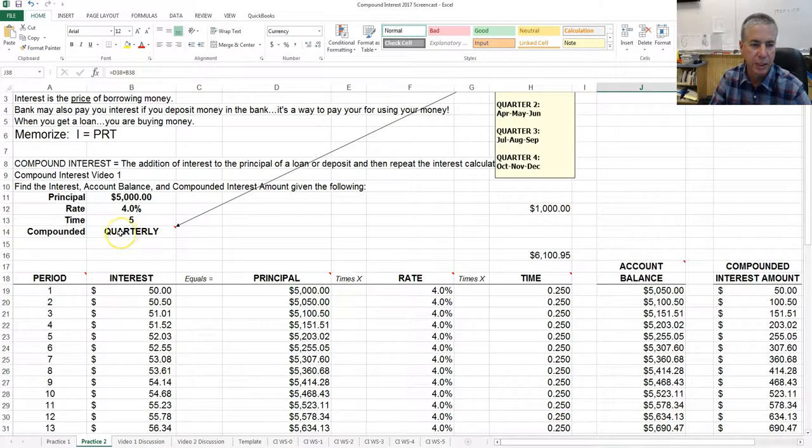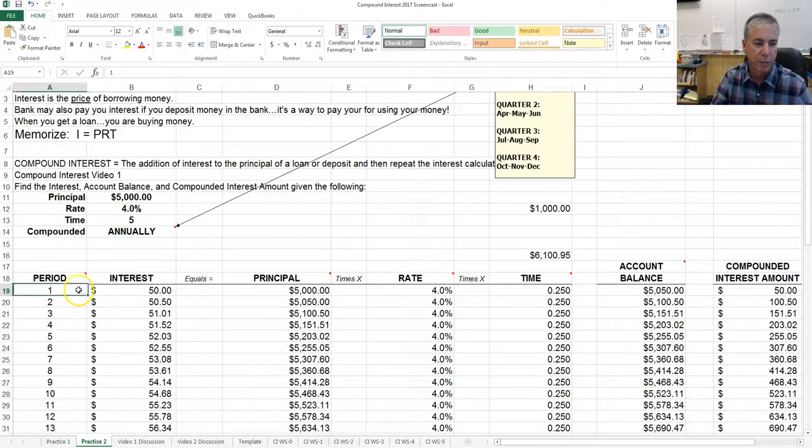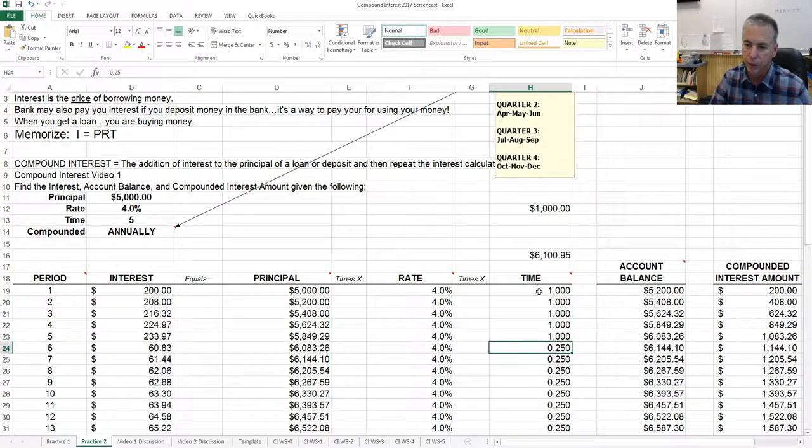So we're going to change this to annually for 5 years. So we need 5 compounding periods. So we've got to change this back to a 1. And let's see how much money we ended up with here. 5 years. Well, here we are, $6,083.